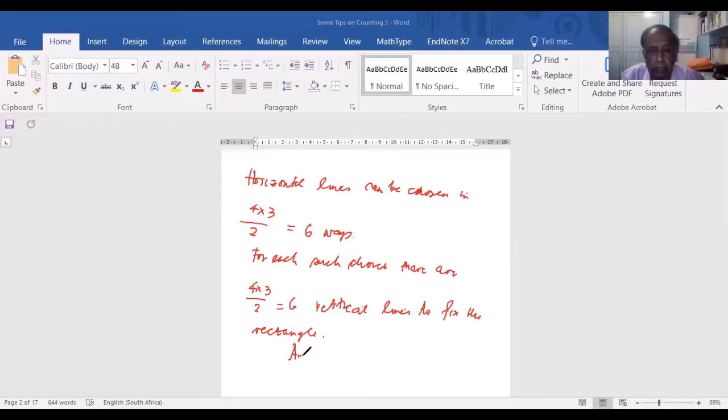So the number of rectangles is 6 times 6.